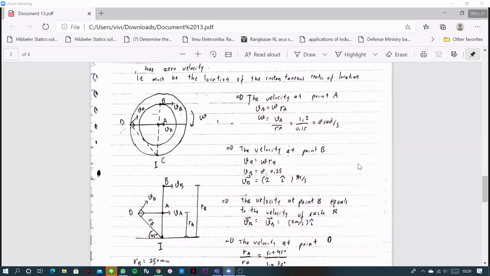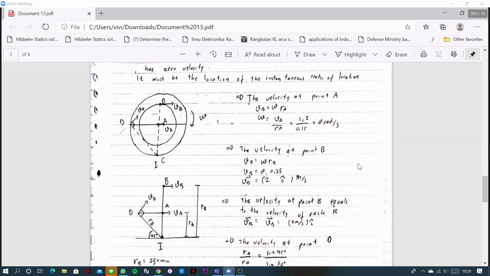My question is: why do you use VA divided by RA to find omega? I think because it is in the center of the pulley, so it's the angular velocity that we search.